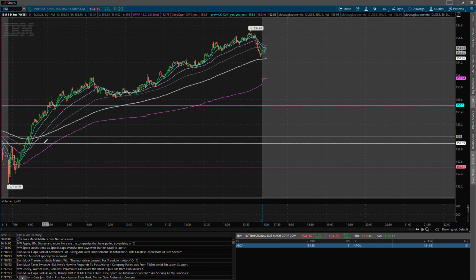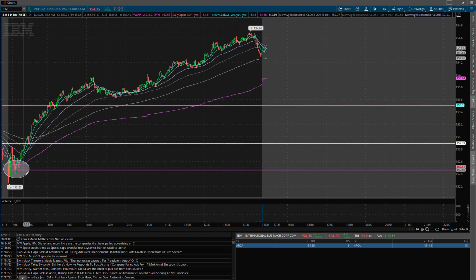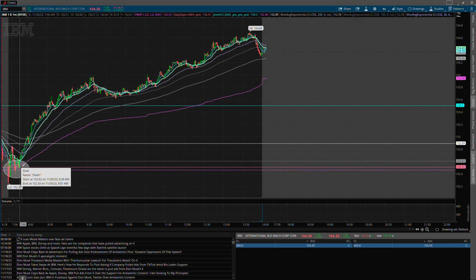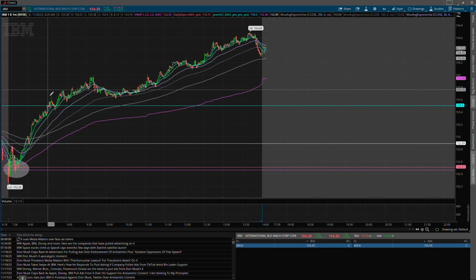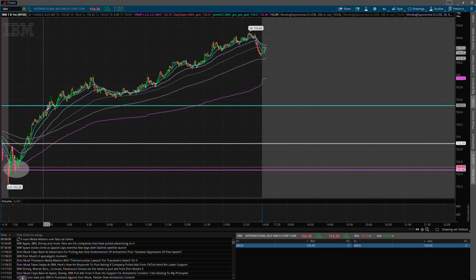This would be a beautiful move if somehow I would have gotten in very early here, and the price is 152.5. Theoretically, I could have held it to here, 152.5. That's roughly about a 100-point move. From here to here, that's a 100-point move.